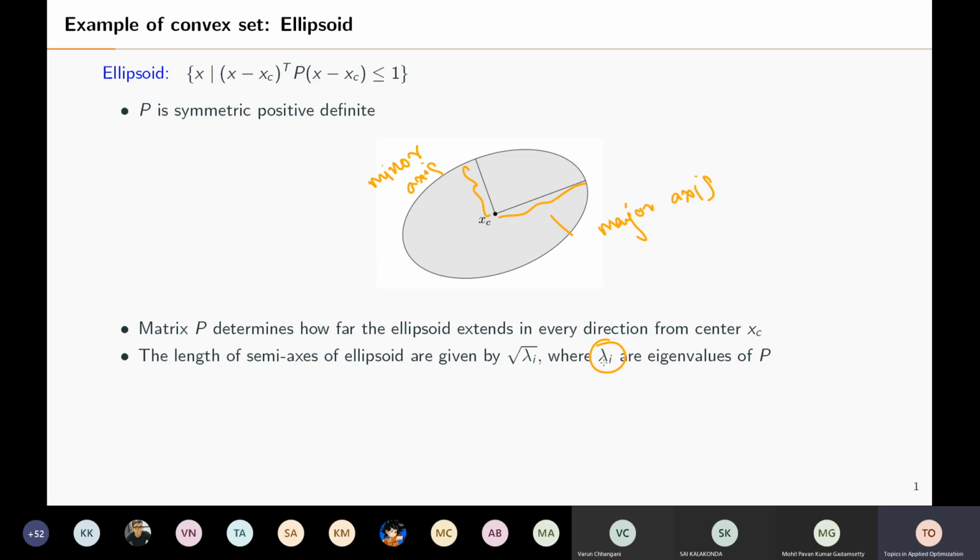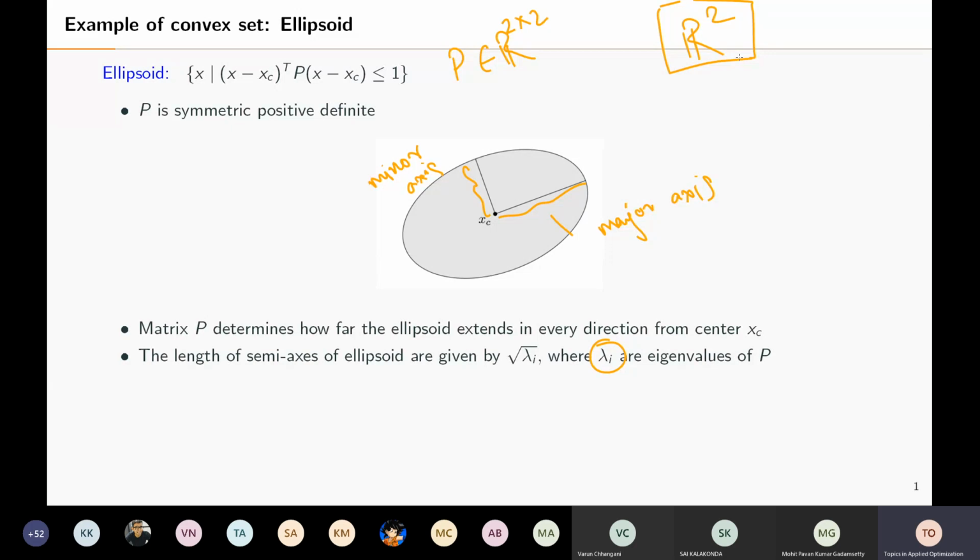There are two eigenvalues because P is 2 by 2. Let us focus on the 2 by 2 matrix. The ambient space we are talking about is R2 here, and in this we are talking about the ellipsoid.